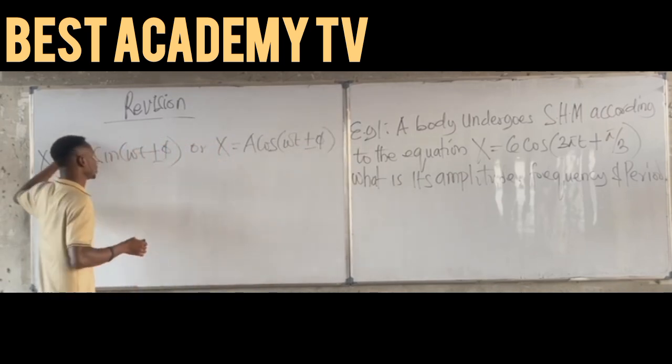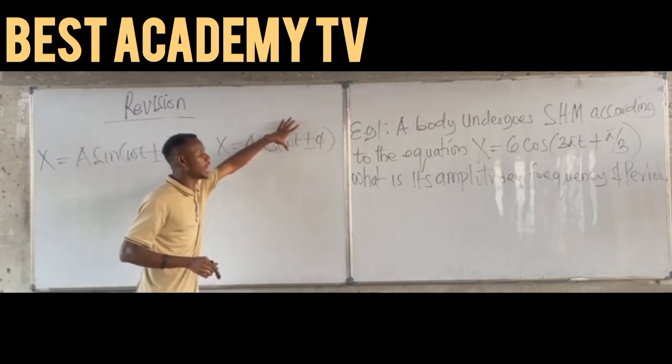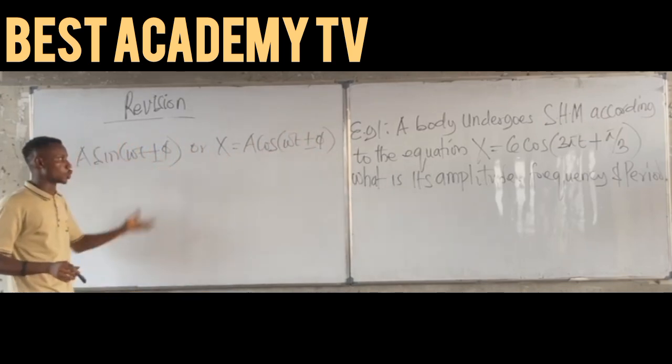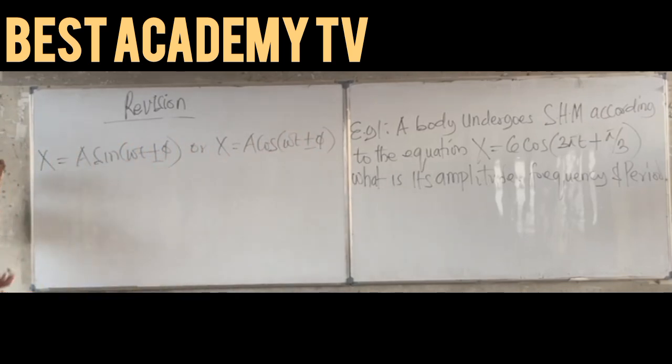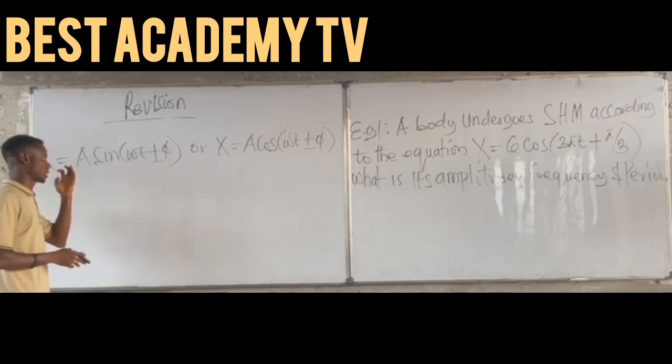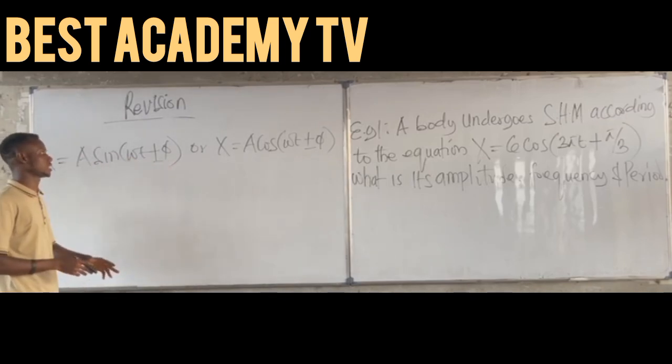This is what we call the equation of simple harmonic motion. Please take note. First of all, before we solve this, let's know the parameters one after the other. x is displacement, A is amplitude, omega is angular frequency, t is time, and phi is phase angle.